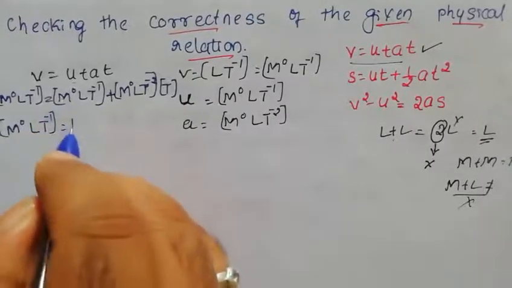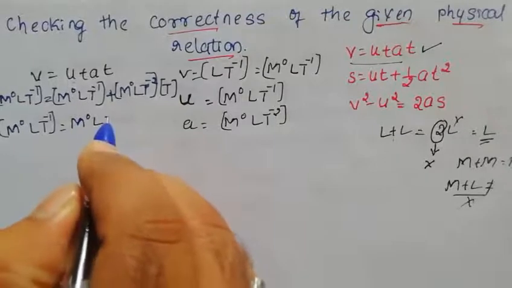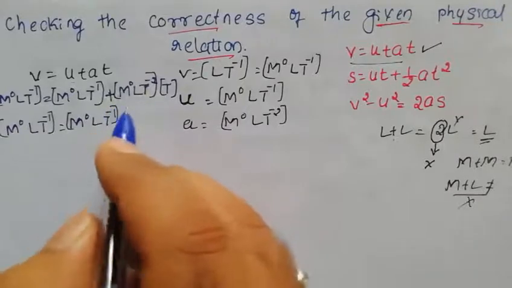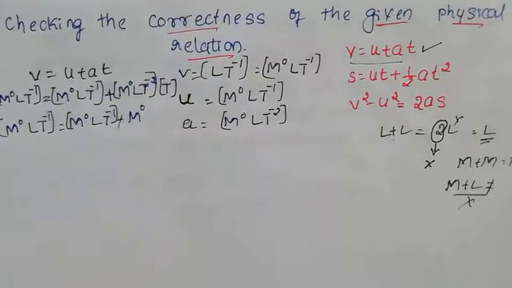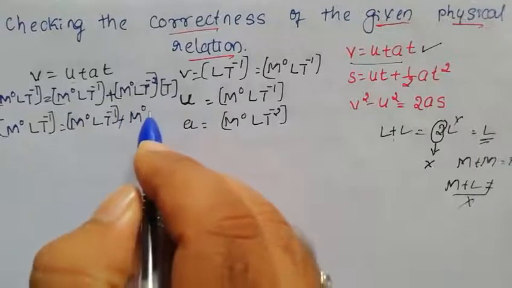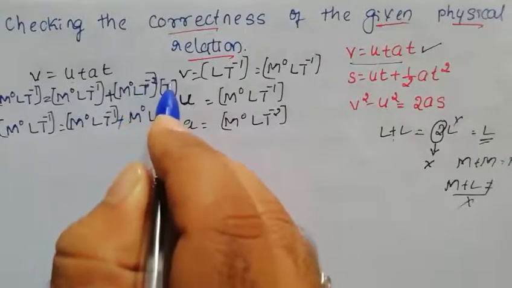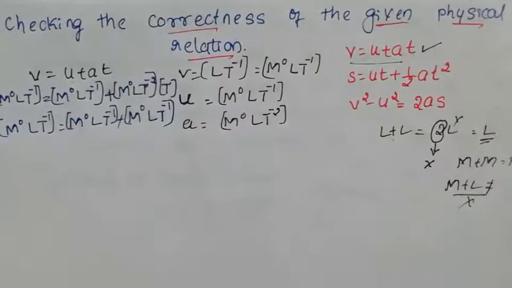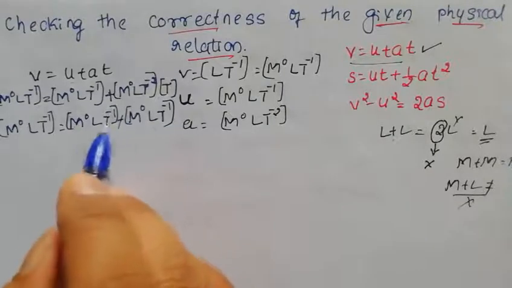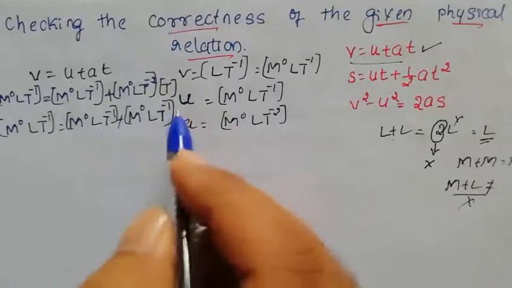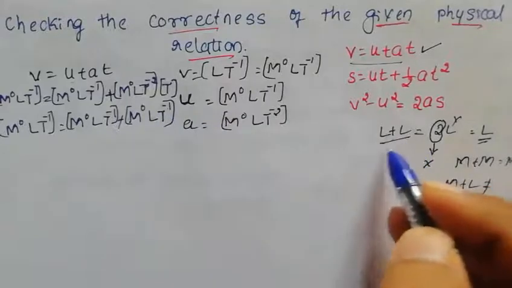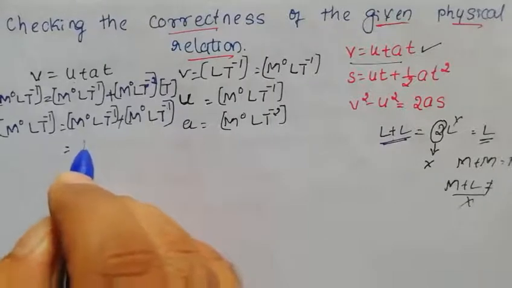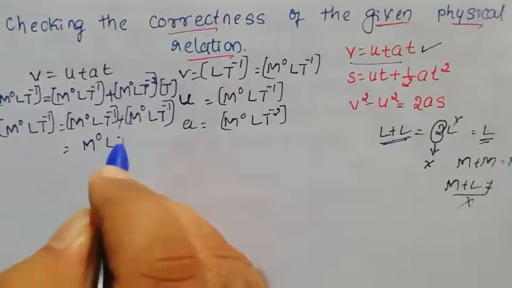Equal to this as it is, M power 0 L t to the power of minus 1, plus, here we need to multiply these two. M I keep as it is, M power 0. L I keep as it is. T power minus 2 times t power plus 1 becomes t to the power of minus 1. Now look here: M power 0, M power 0, L power 1, L power 1, t to the power of minus 1, t to the power of minus 1. Both are the same type. I can write it, it is not 2 times, I can write just M to the power of 0, L, t to the power of minus 1.